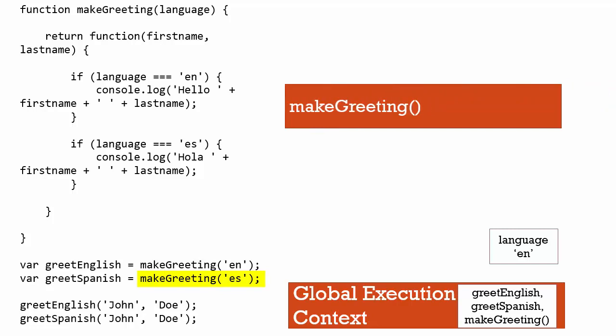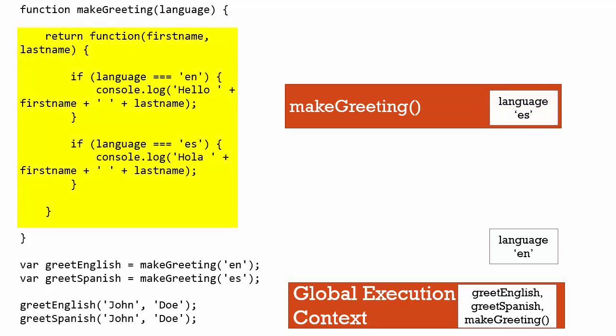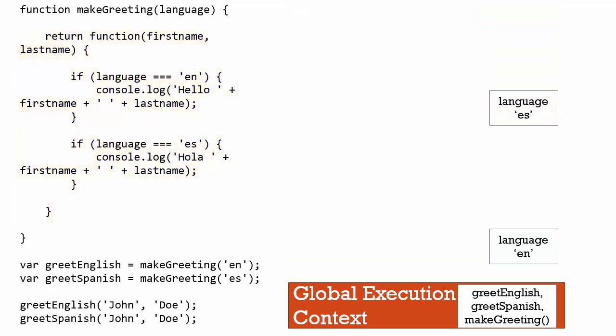Every time you call a function, you get a new execution context. It doesn't matter how many times you call it. And so that new execution context has its own variable environment. And the language is Spanish in this case. And then that returns a function object and finishes.